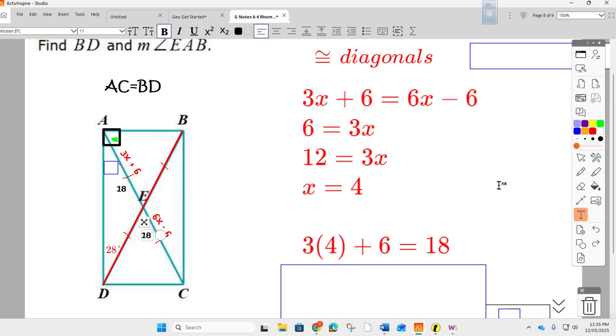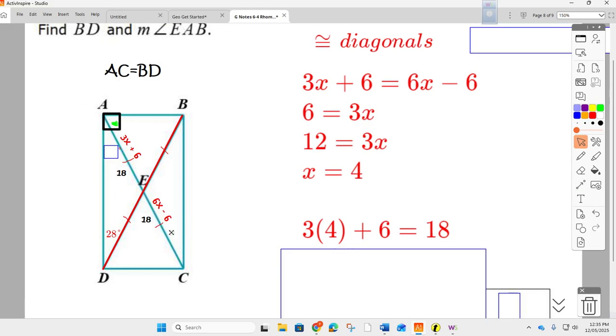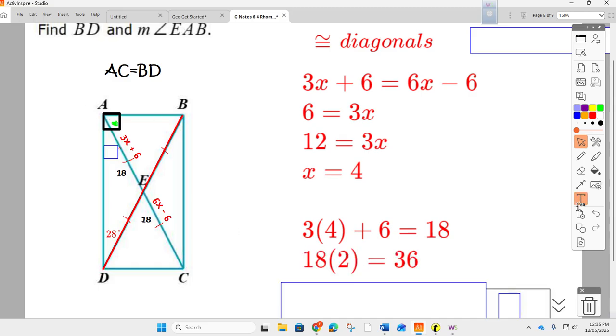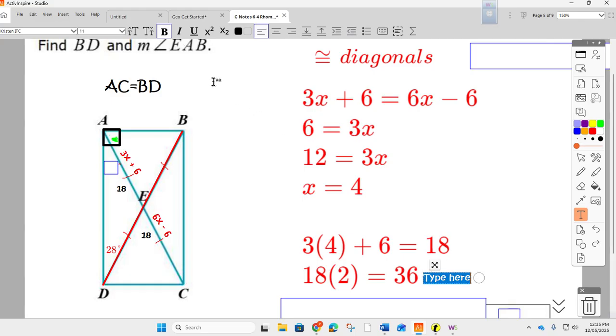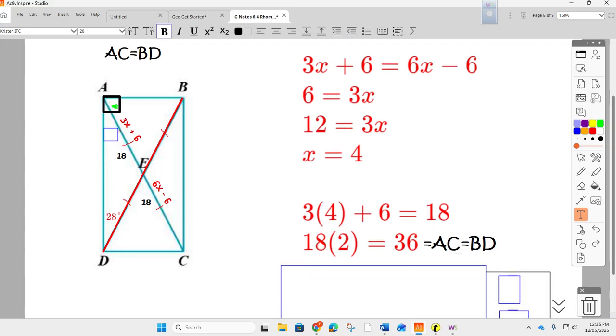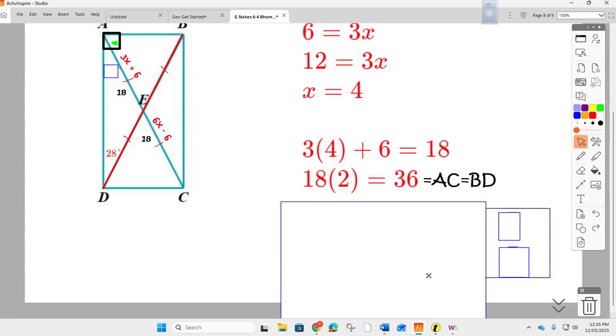So now we know the whole thing, AC, is 36. So that is the measure of AC, and it's also the measure of the other diagonal, because the diagonals are congruent. So BD. So in our box down here, now we know BD is 36.